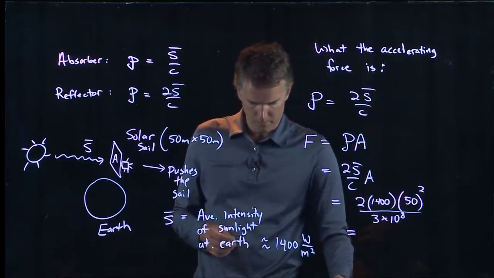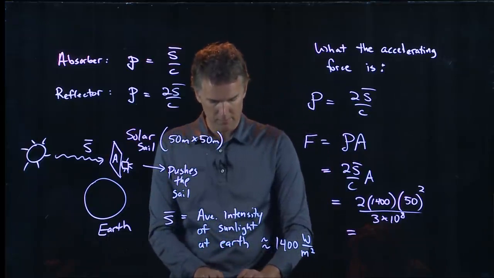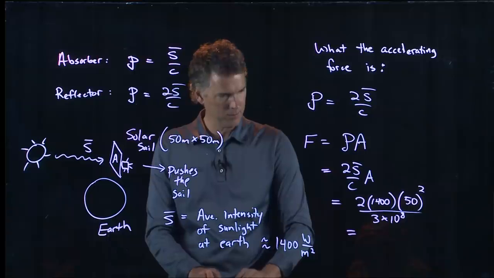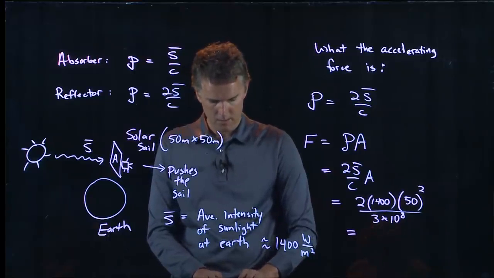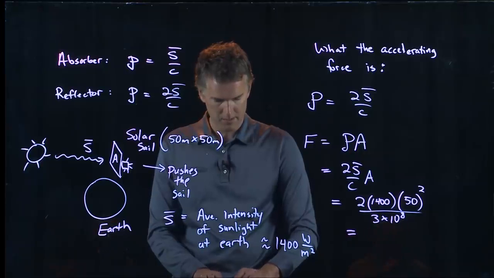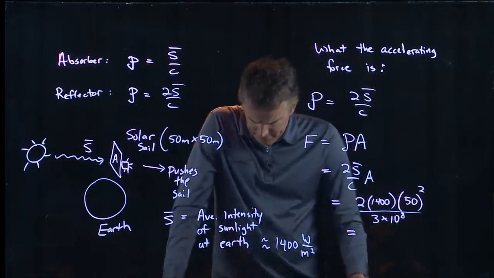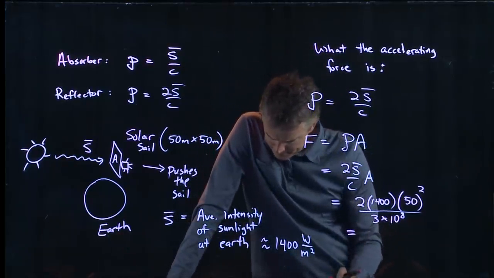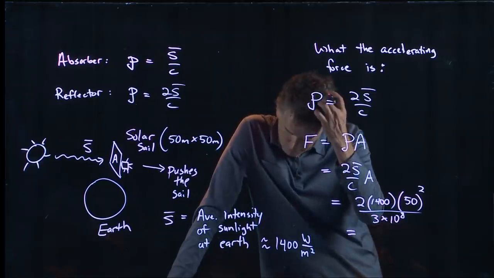While you do that, I'll check Wolfram Alpha. If you're at home and you want to take a look, Wolfram Alpha is a great place to go. 2 times 1,400 times 50 squared all over 3 times 10 to the 8. And I got 0.023.